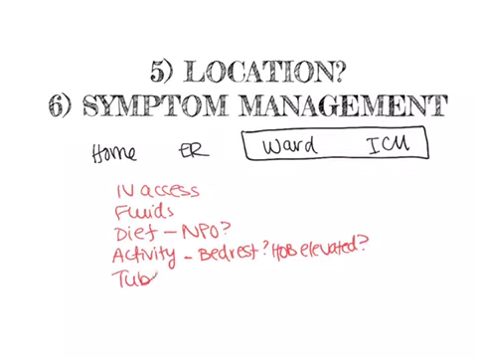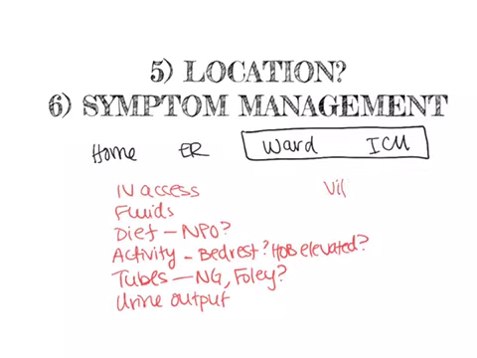Do they need any sort of tubes, like an NG or Foley? Do you want to measure ins and outs, which on Step 3 is called urine output? And then how often do you want your vitals? Going on Q4, Q8. And then also think about if they need any sort of DVT prophylaxis or pneumatic compression.